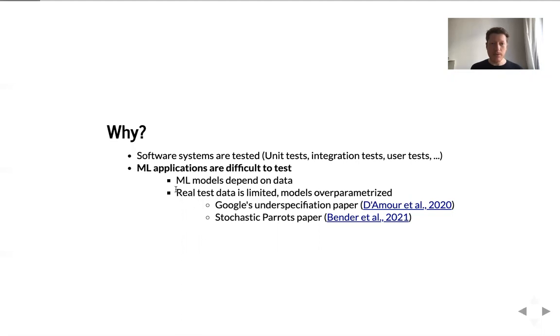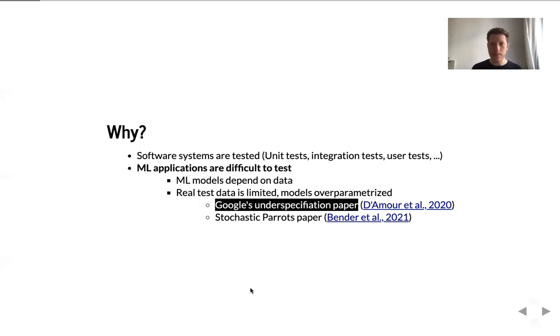Now, the problem is that real test data is limited and models are often heavily over-parameterized. This is widely recognized in the community. Just two examples here: Google's under-specification paper by D'Amour and colleagues.